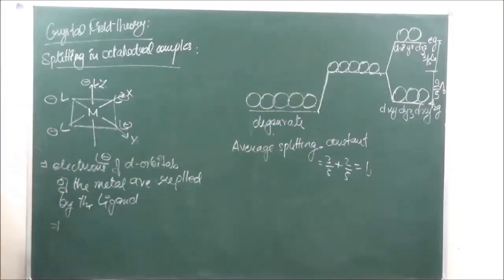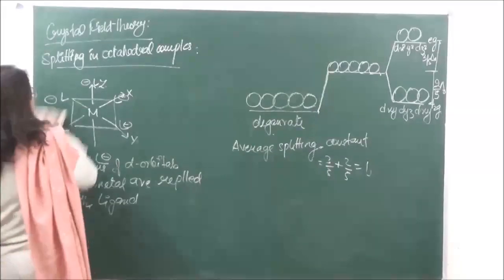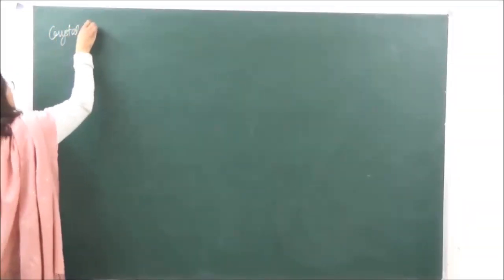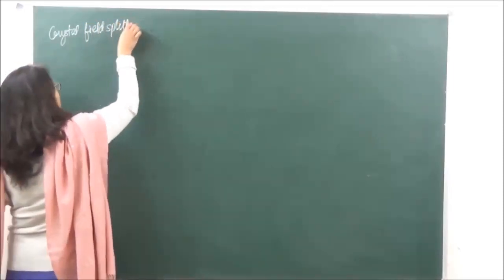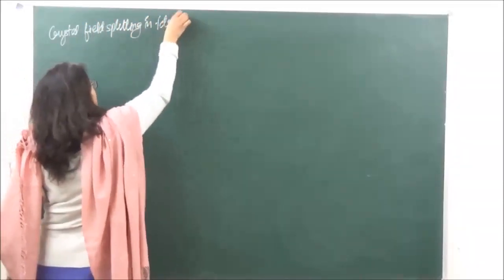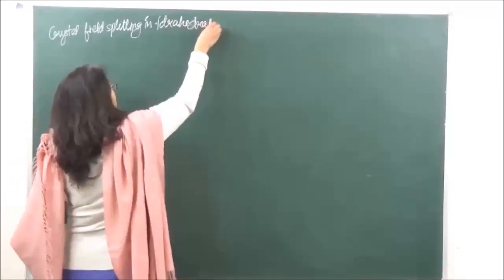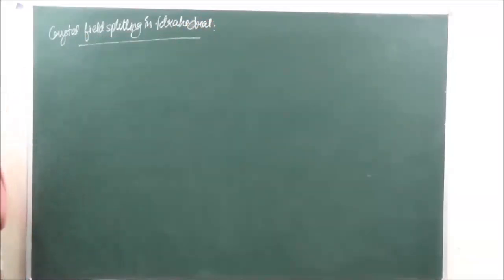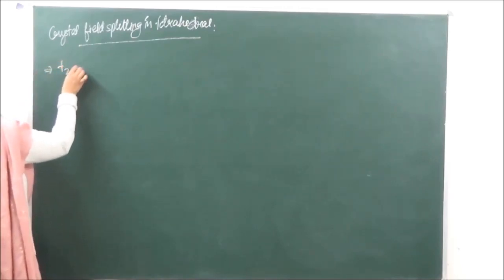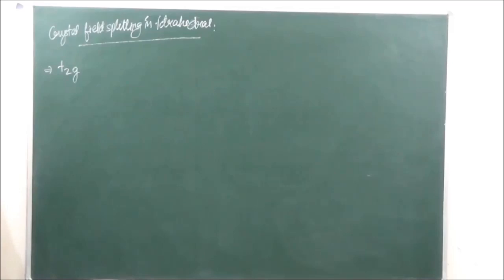Now let's go on to crystal field splitting in tetrahedral complexes. In case of tetrahedral complexes, the 3 d orbitals, that is the T2g orbitals, are close to the approaching ligands.